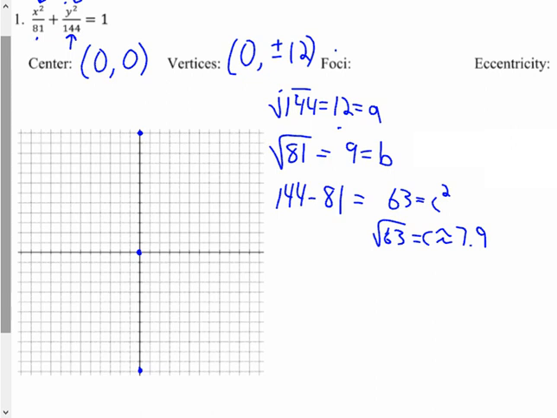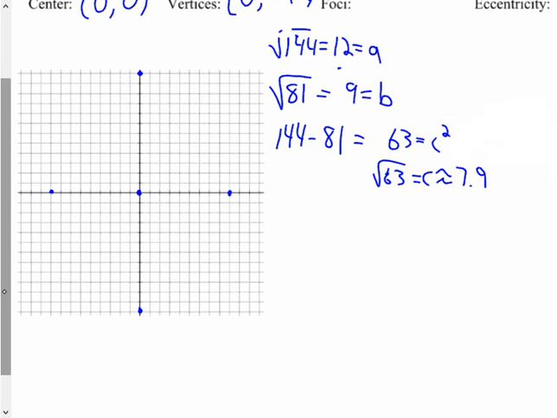And then the square root of 81 was 9, so we're going 9 left and right. So there's 9 to the left, and there's 9 to the other side, that's the actual left. And then connecting our dots, try to make it look a little bit ovalish, but it is fairly wide for an oval.